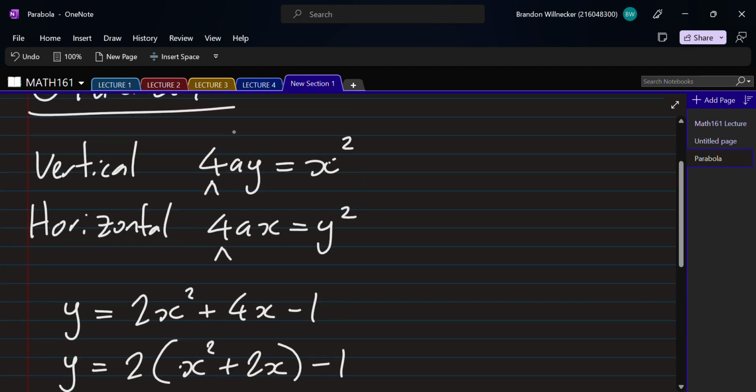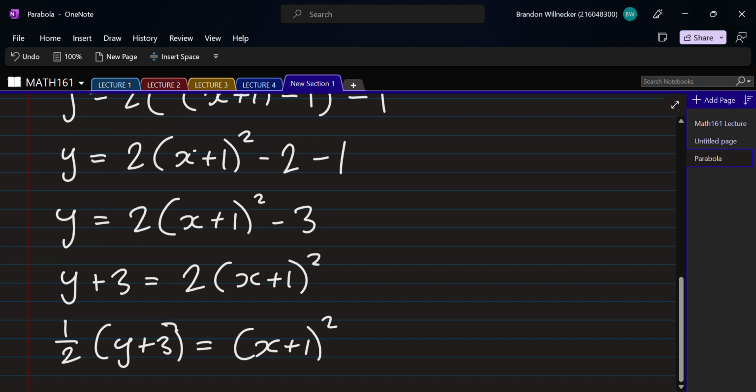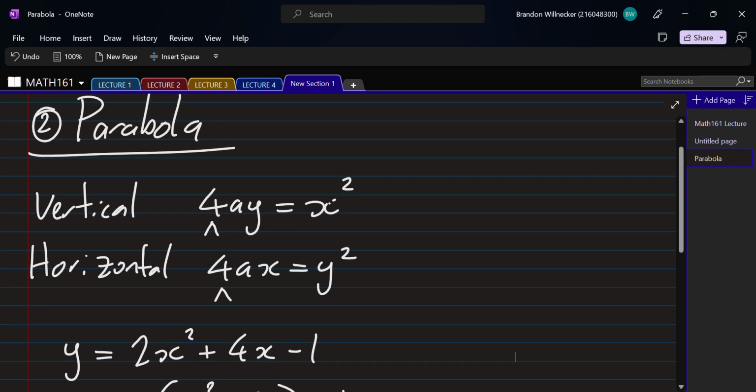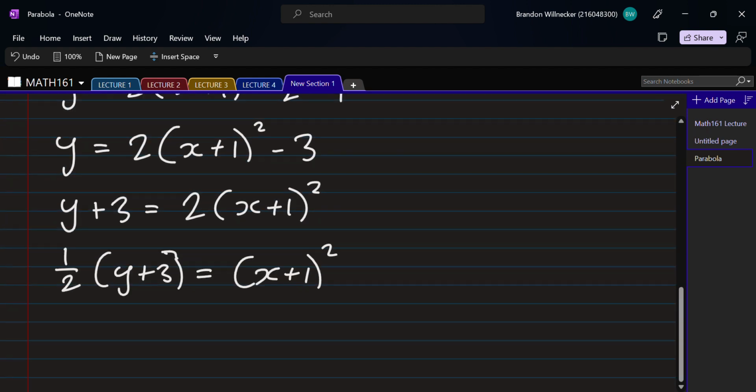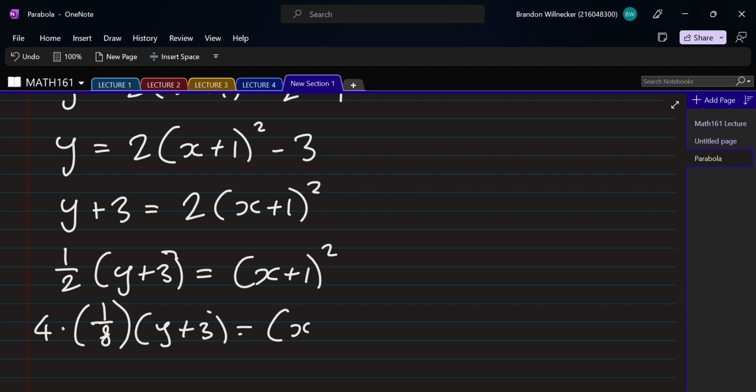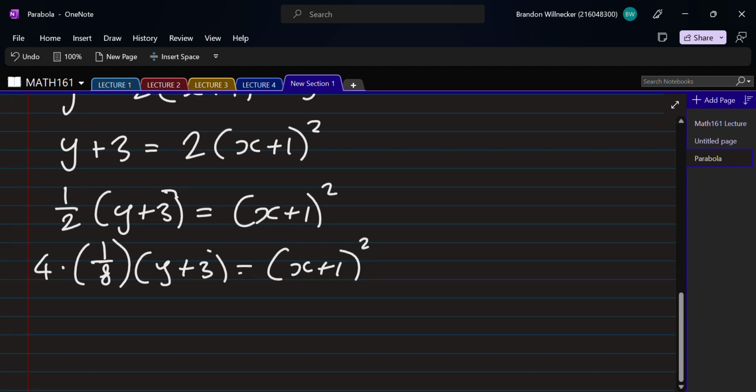We've got y alone there, but that's been shifted by 3. So we've got a vertical shift on y, a horizontal shift on x, but we don't have the factor 4. We need to include that. So instead of writing 1/2, we can write this as 4 times 1/8. That will give us a half.